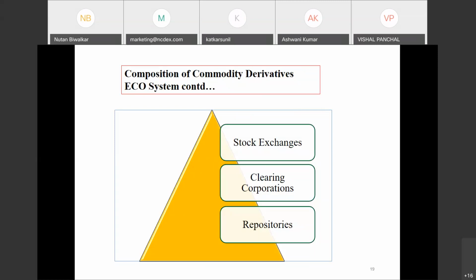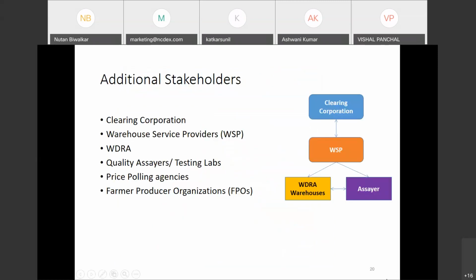Other shareholders are SBI, NABARD, and ICCL. Next we come to the additional stakeholder of the clearing corporation, as I already told you, the warehouse service provider. The main task of the clearing house is to accredit this WSP.